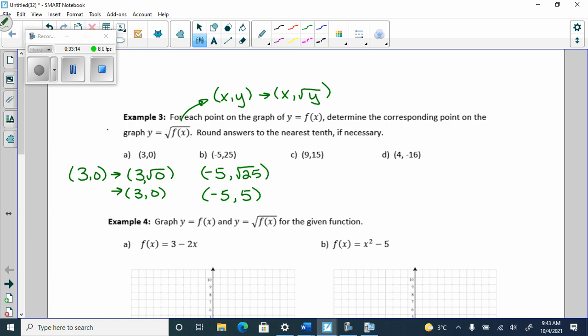Take the square root of 25 and write it as root 5. It's not true. Square root of 25 is 5. And then this one is going to be (9, root 15). And then this one's going to be (4, root negative 16), which does not exist in our world. You want to write it because you want to show that that's why it doesn't exist.